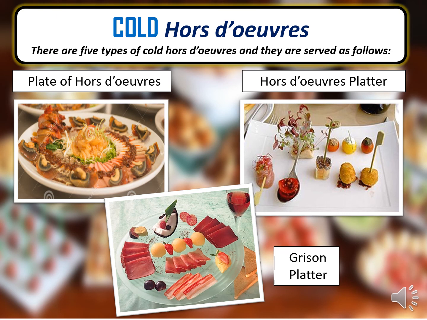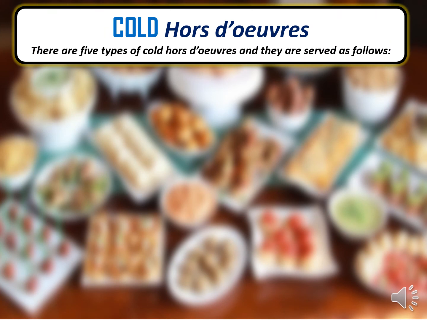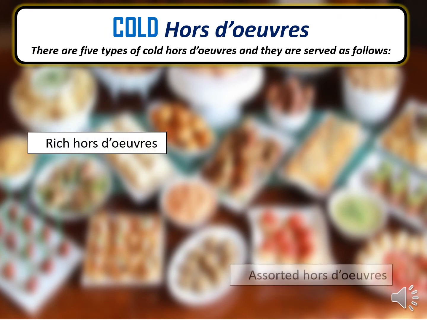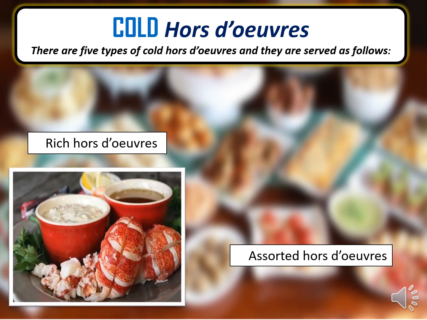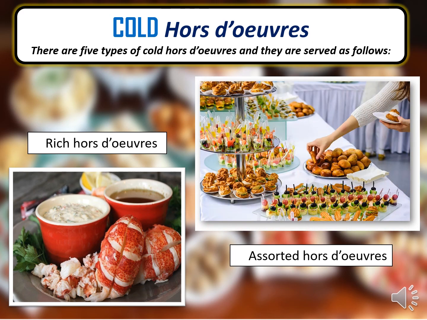Sauce can be served at the side as well, just like the plate of hors d'oeuvres. We also have here rich hors d'oeuvres and assorted hors d'oeuvres. Rich hors d'oeuvres is still a classical form of presentation, and lobster should always be included. Then the assorted hors d'oeuvres can be served in special portion platters with dishes or even from a serving cart.